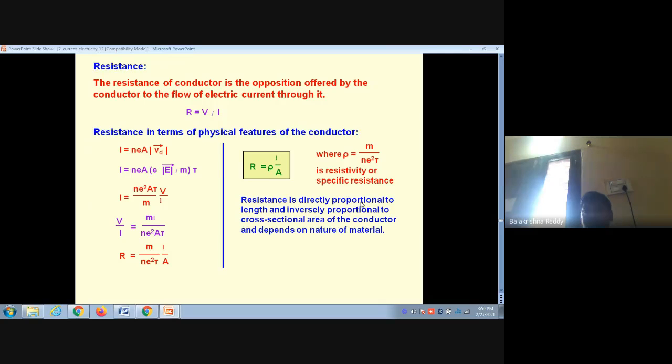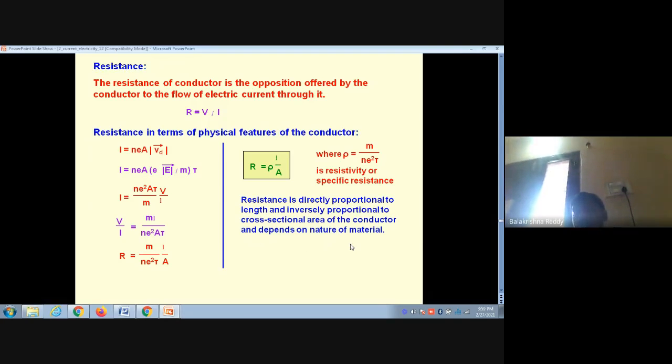Now, resistance is directly proportional to length and inversely proportional to the cross-sectional area of the conductor, and depends on the nature of the material.